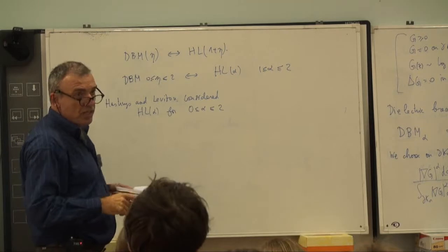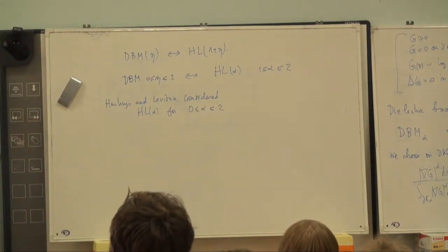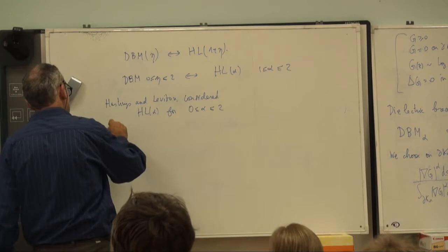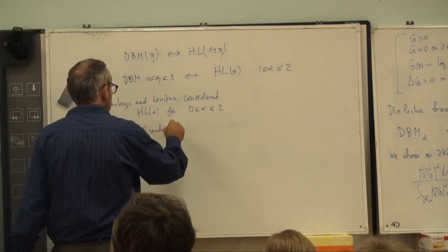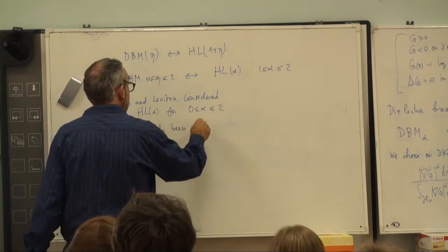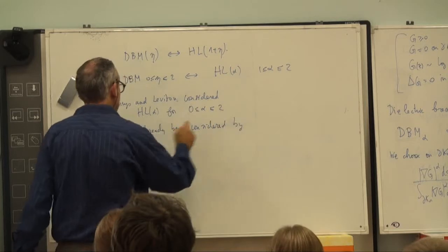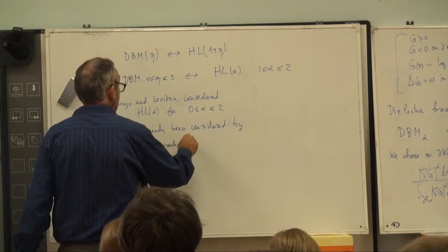And actually HL0 is an interesting process, and we will speak more about it. We will study it more precisely. And actually HL0 was considered by many people as already been considered by Pommerenke and Rohde.